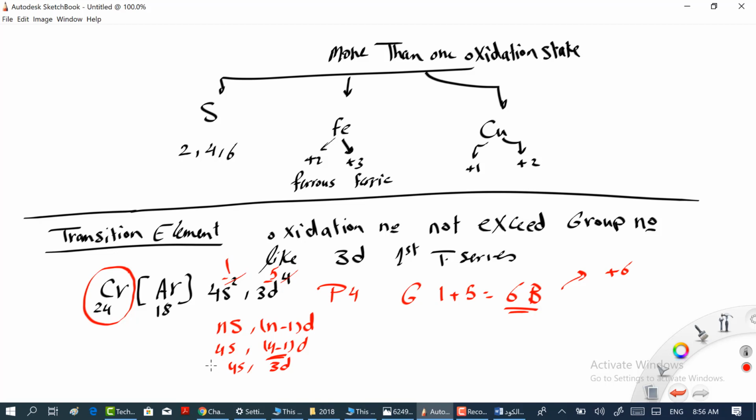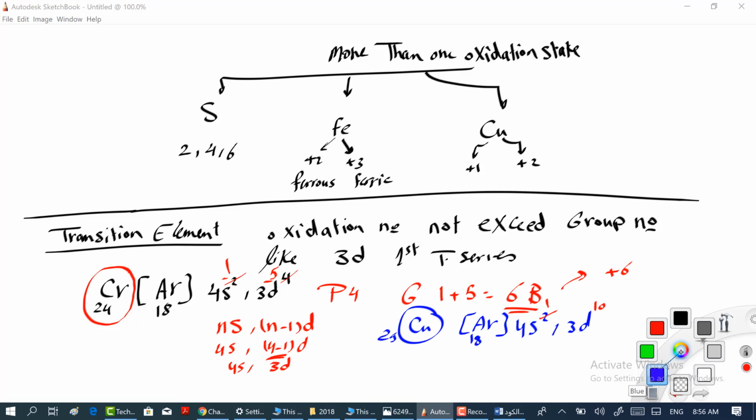But we find an exception in the first transition series for copper. Copper has the electronic configuration with atomic number 29, so it is Ar 18, 4s2 3d9, and with the electronic exception it will be 4s1 3d10.